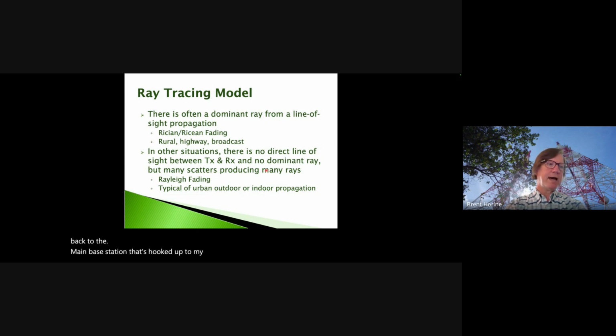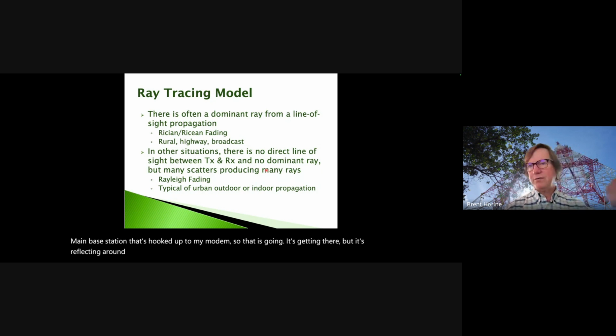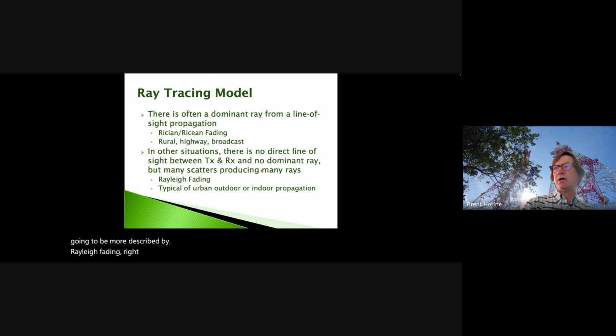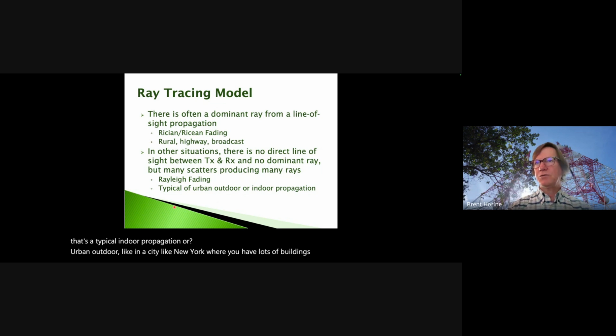It's getting there, but it's reflecting around and maybe propagating through some walls and whatnot. But that's probably going to be more described by Rayleigh fading. So many scatterers producing many rays, but no real dominant ray. And that's typical of indoor propagation or urban outdoor, like in a city like New York, where you have lots of buildings and what we call urban canyons.